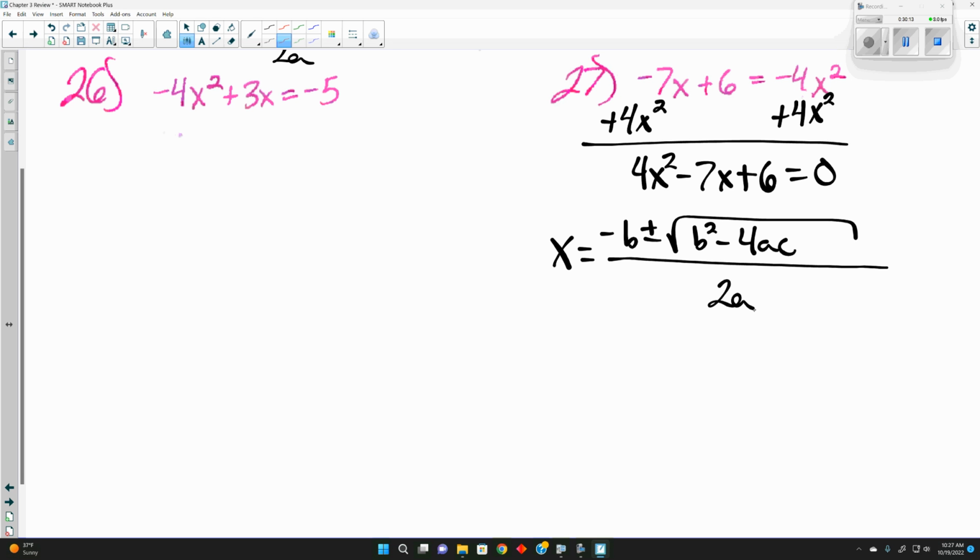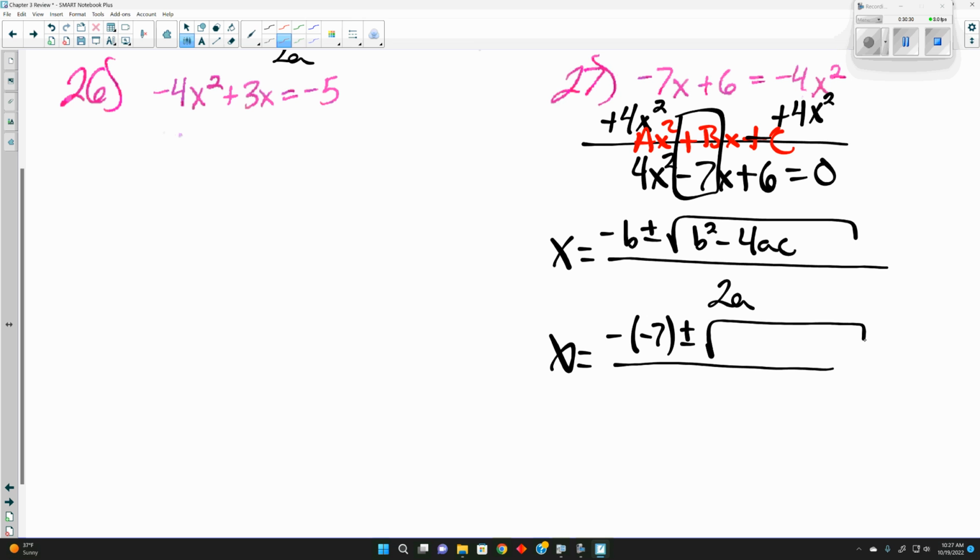And this is lining up with our ax squared plus bx plus c. For this first part, we have negative b. Well, b in our case is negative 7. Then b squared, negative 7 squared, minus 4 times a.